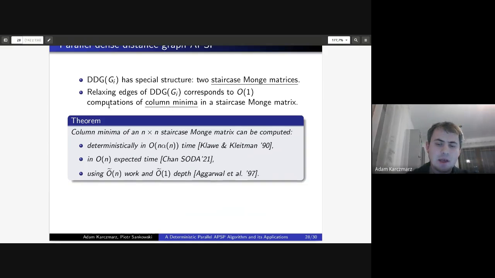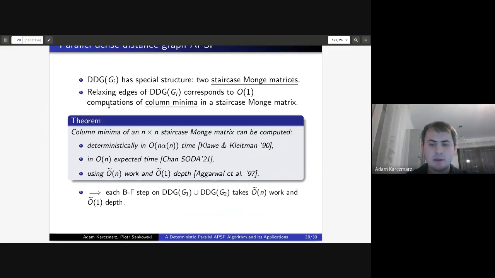For an n by n staircase Monge matrix, we can compute the column minima either deterministically in n alpha(n) time, which is a very old result, or in linear expected time, which is a very fresh result, or we can also do it very efficiently in parallel, nearly optimally. This implies that each Bellman-Ford step takes B work and polylogarithmic depth in our case.